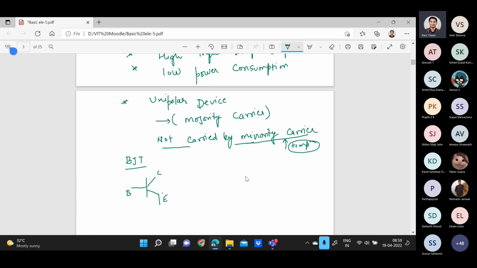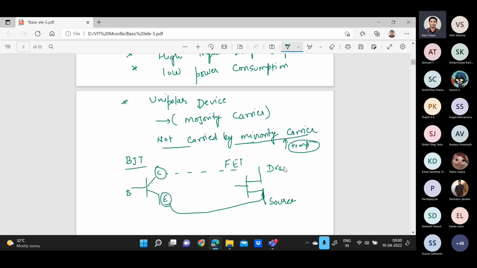Here in the FET, we again have three terminals, and it is represented by straight lines like this, where source is equivalent to emitter. So here we have one terminal called source, which is equivalent to emitter. The terminal which is equivalent to collector is drain.